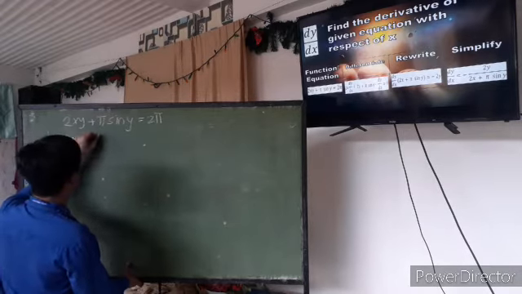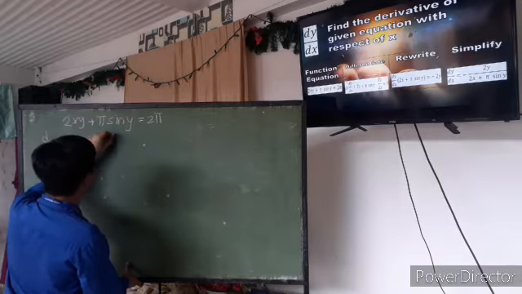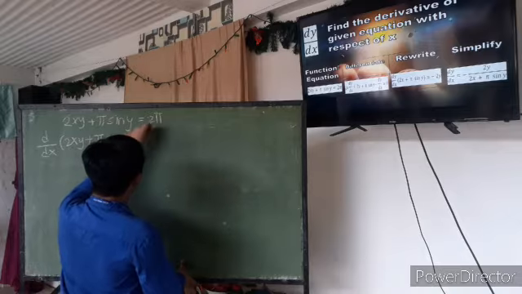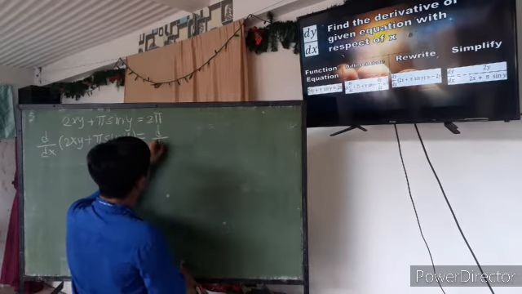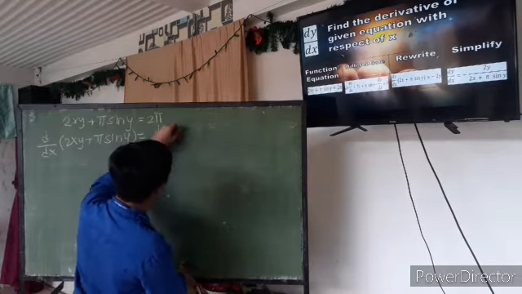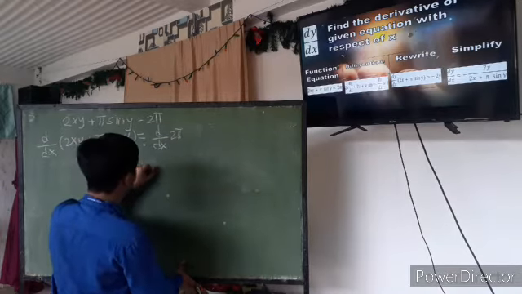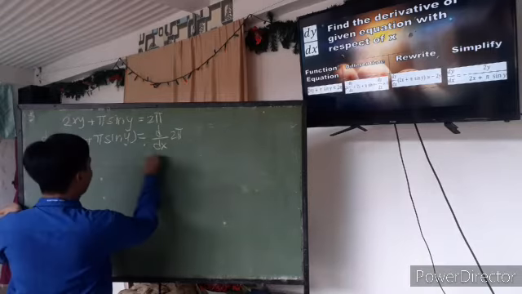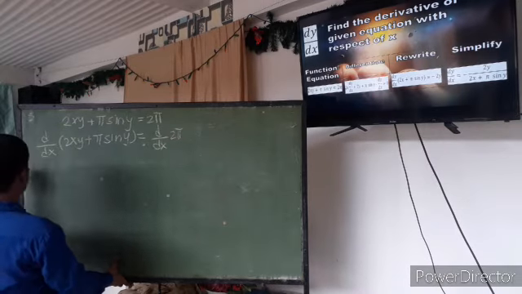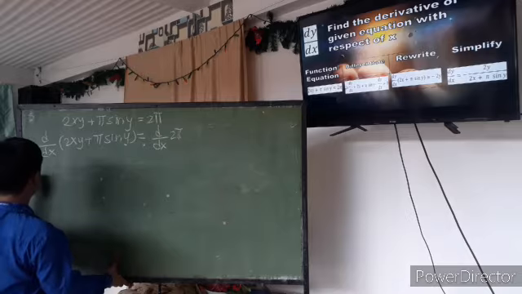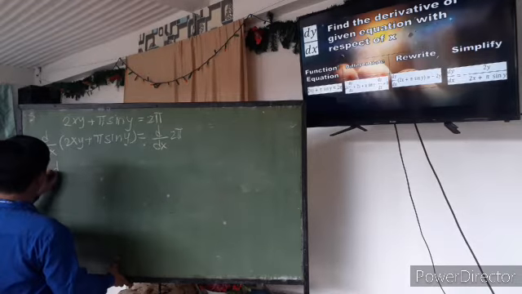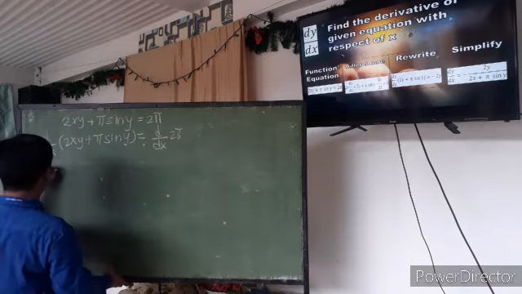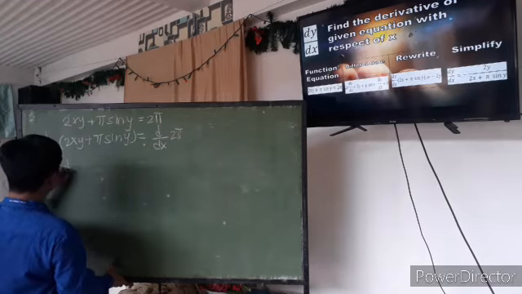The derivative of 2xy, then the derivative of 2 pi, which equals 0. Now, use the product rule to expand this, just a simple formula.